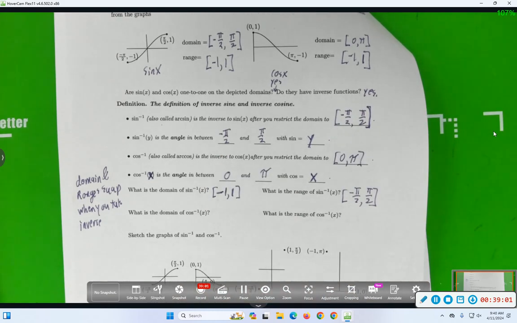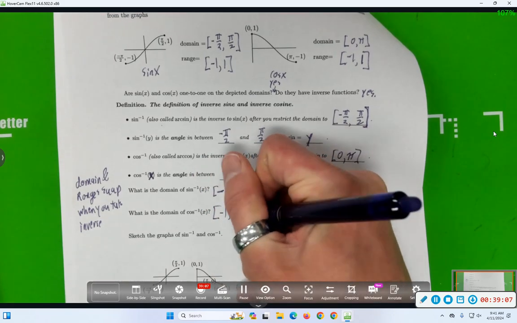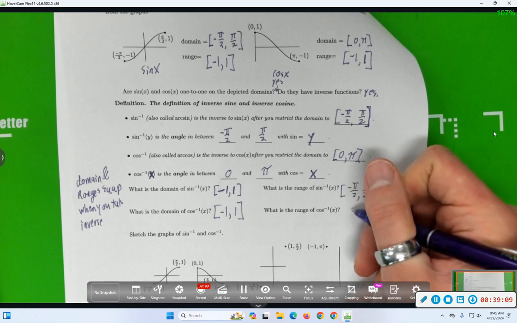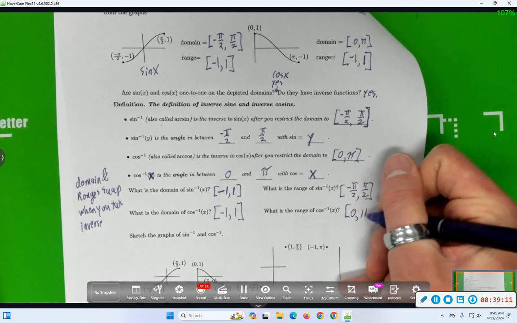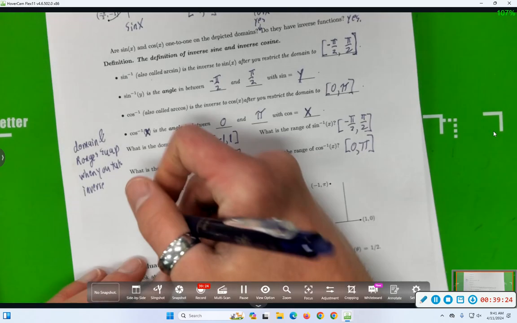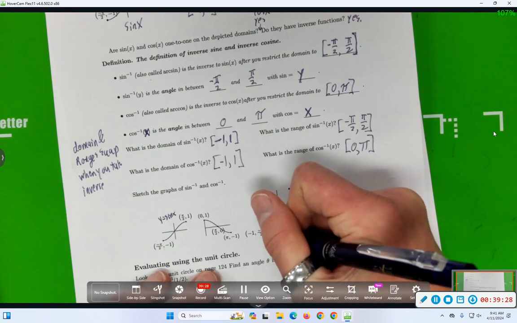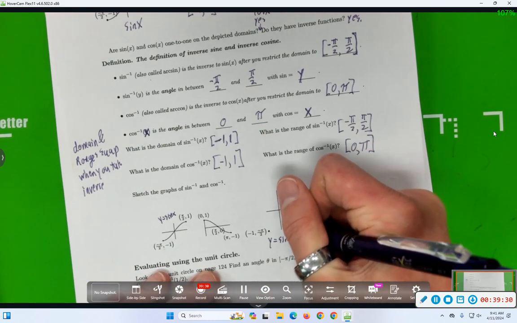Let's play the same game for cosine. What's the domain of inverse cosine? Same. The range? Awesome. And let's see if that checks out by, let's actually just literally graph. When you take the graph of the inverse function, you swap the x values and y values. So if there's the graph of y equals sine of x, then I want the graph of y equals sine inverse x.